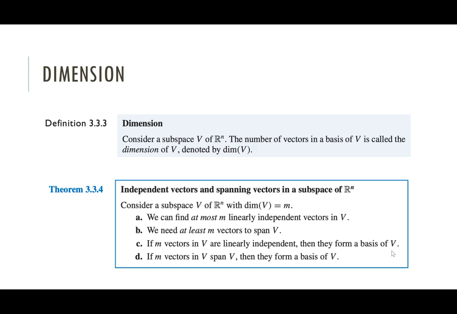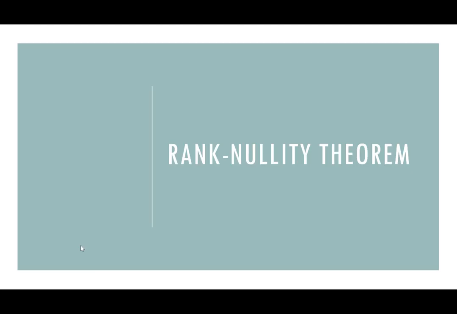You've got your basis. And another thing is that if you have M vectors in your space and they span the space, then all right, you've got your basis. Okay, so that's our dimension discussion.